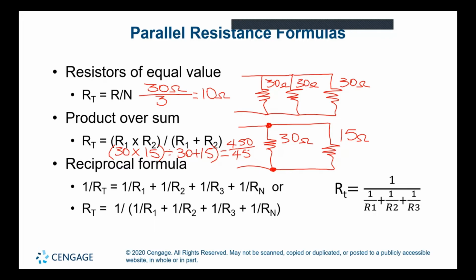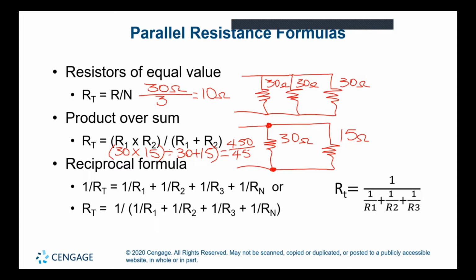Now, the other formula we can use is when we have 2 resistors, and 2 resistors only, and they have different values. Like in this case, you can see another circuit here where we have 30 and 15 ohms. In that case, we're going to use product over the sum, which means we are going to get the product of 30 times 15, and divide that product over the sum of 30 plus 15.